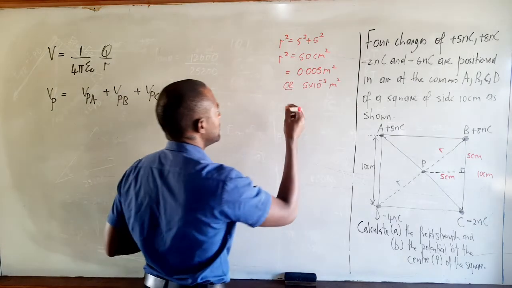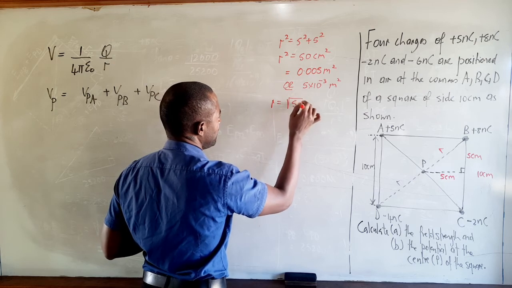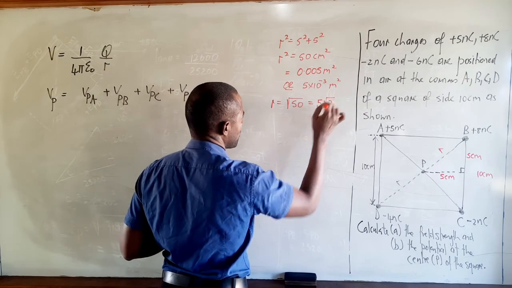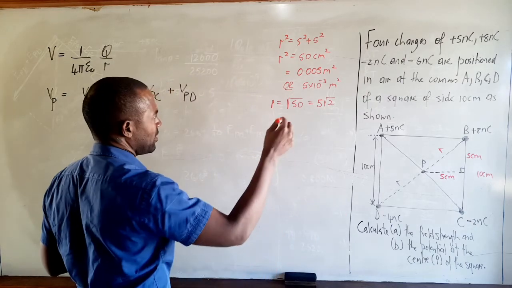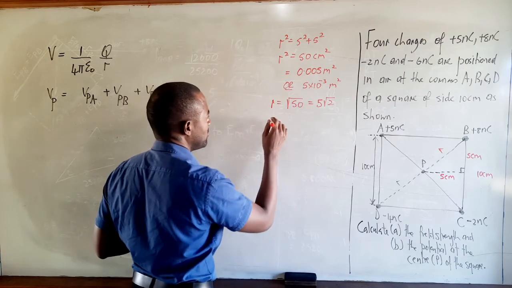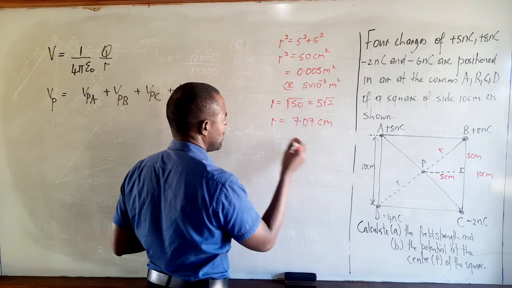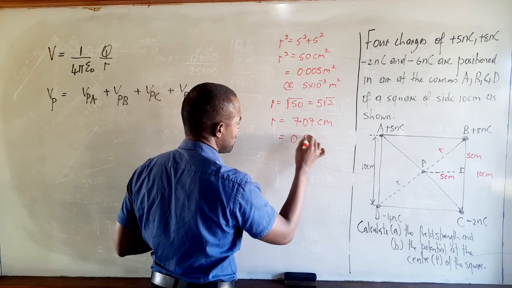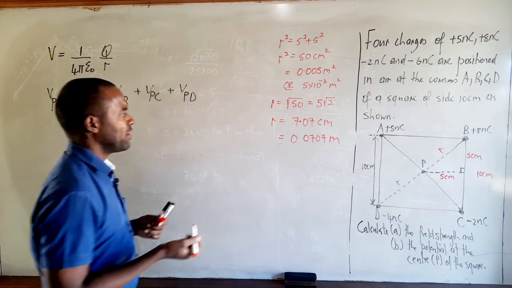So r is equal to root 50, which is 5 root 2, and root 2 is 1.41. That means r is equal to 7.07 centimeters, which divided by 100 is 0.0707 meters. So that is the value of r.